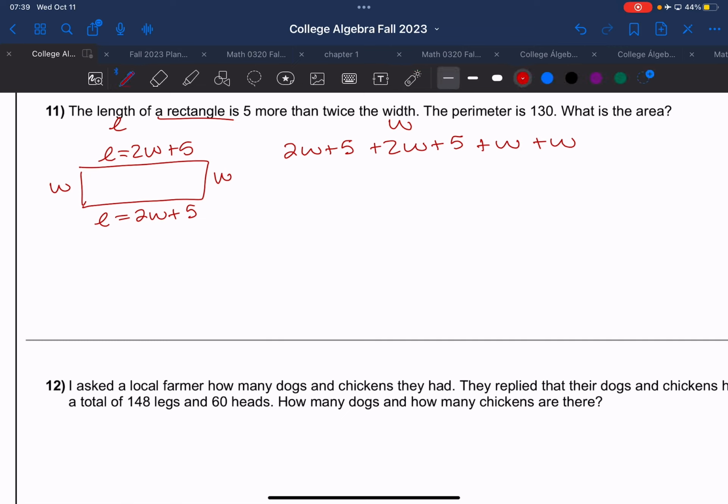We know this is the formula for the perimeter, and the perimeter is equal to 130. So we have one equation all in terms of W.